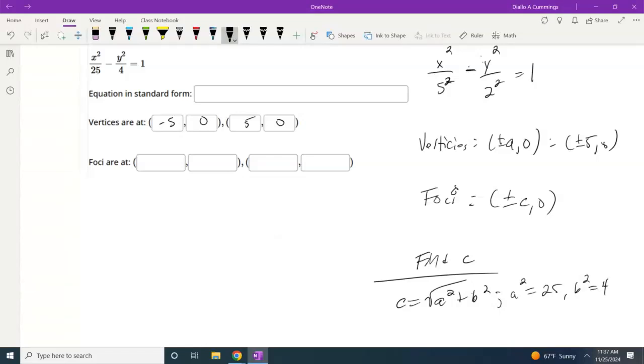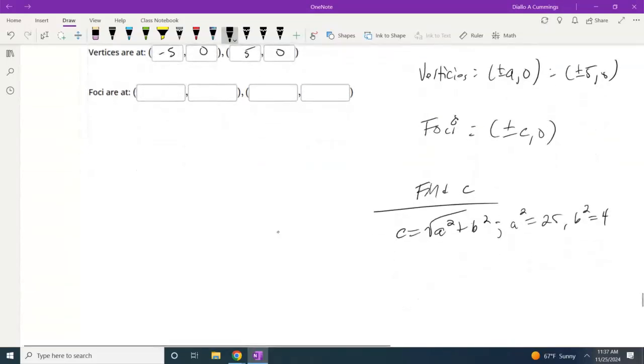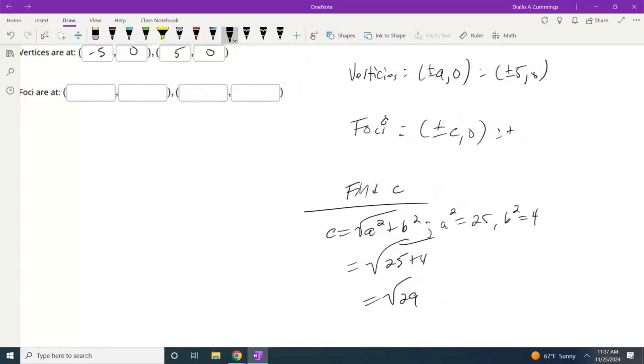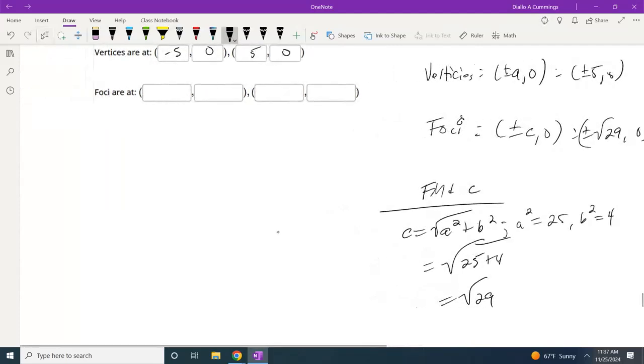B squared is 4. And if I add those two together, I get the square root of 29. Right. So the foci are located at plus or minus square root of 29 comma 0. So we have negative square root of 29 comma 0 and positive square root of 29 comma 0.